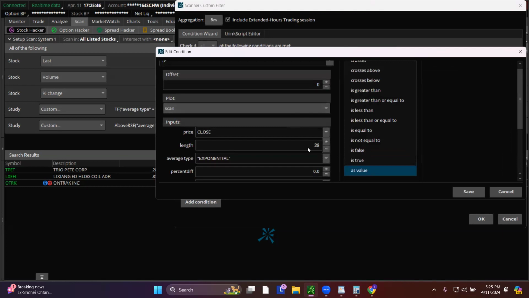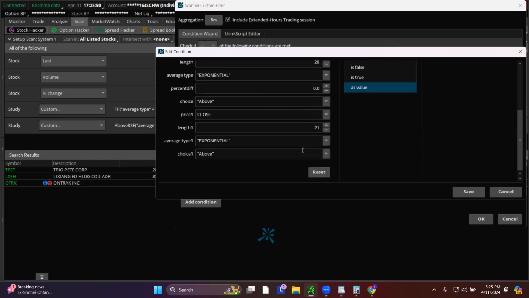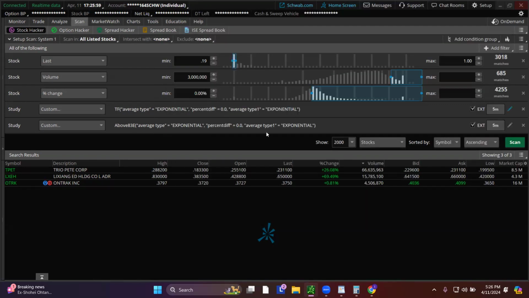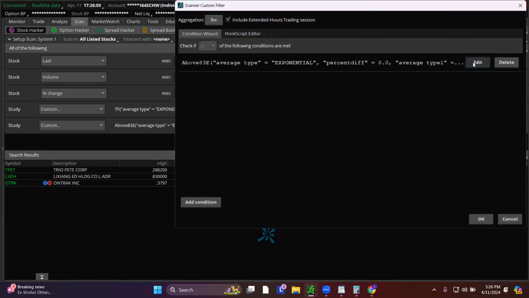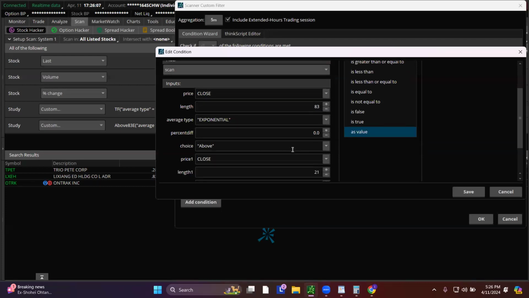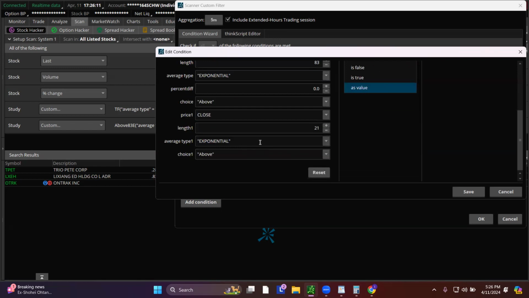I have the 28 on the top, exponential, percent diff is 0, and then have length 1 is 21. And I'm not going to hit save, of course, because I already have it. And then both say exponential. And then let me show you the second custom indicator for the custom scan. I have 83 at the top, I have 0, and 21 exponential.